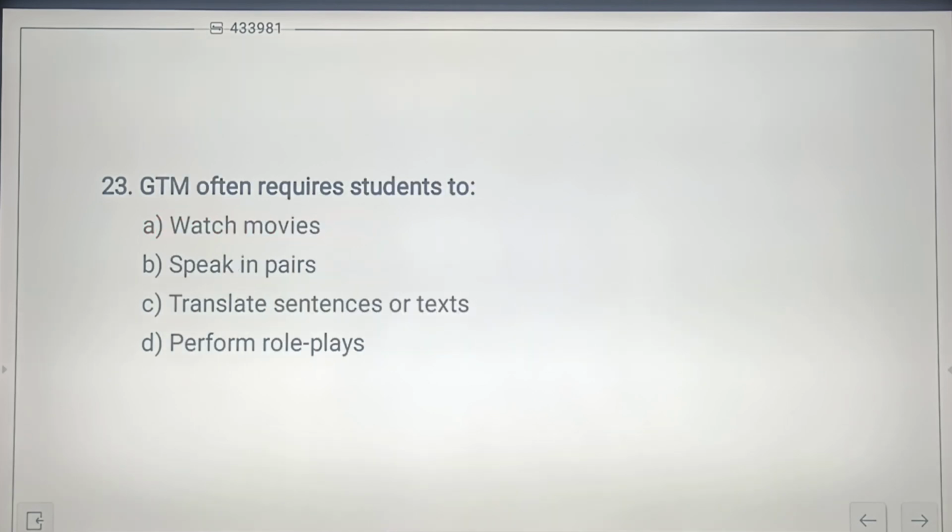Next, grammar translation method often requires students to A. Watch movies. B. Speak in pairs. C. Translate sentences or texts. D. Perform role plays. The right answer is translate sentences or texts.